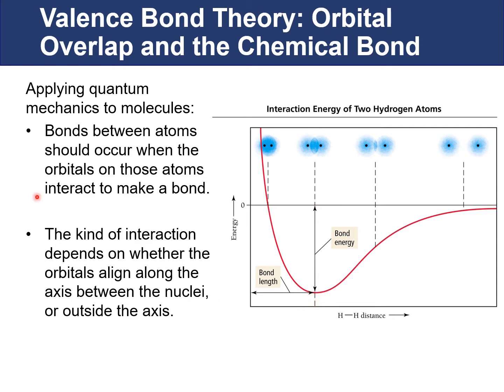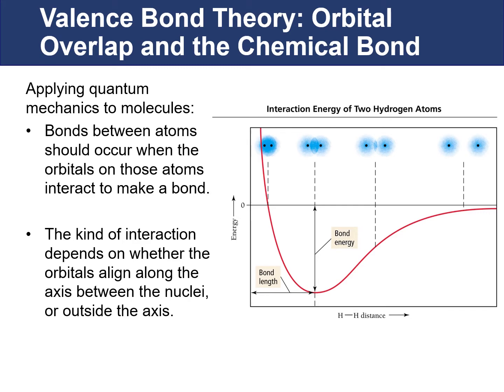In valence bond theory, the bonds between atoms occur when the orbitals of those atoms interact to form a bond. So it is an interaction of the wave functions which describe the shape of the orbitals, which leads to bonding. The kind of interaction depends on whether the orbitals align along the axes between the nuclei or outside of the axes between the two nuclei.